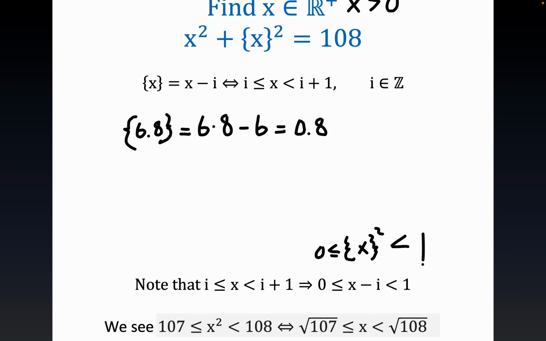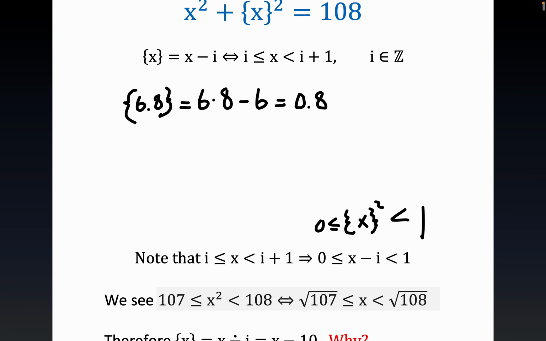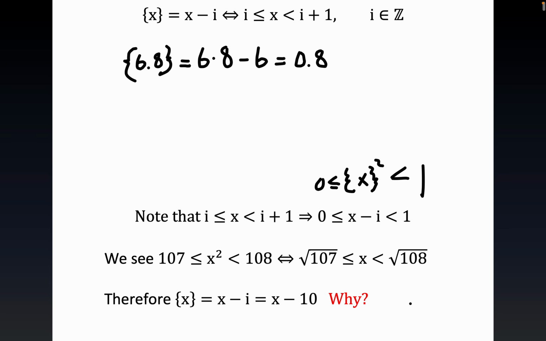And so if this squared fractional part is bounded below by 0 and above by 1, that means we can write this equality as this inequality. And from there it follows immediately, since squaring is an increasing function. So if you take the square root of both sides, you get x is greater than or equal to the square root of 107, and it's bounded above by the square root of 108. It's not super important here.